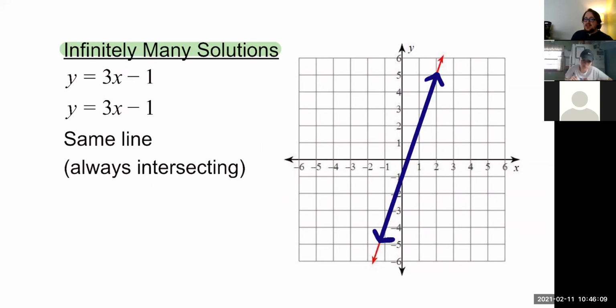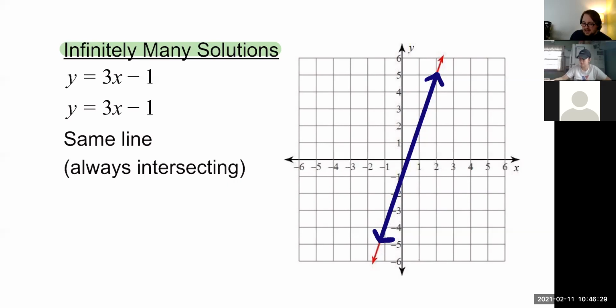So how many times are they intersecting? Infinitely many, because there's infinitely many points on any one line. And if these two lines are going through all the same points, there are infinitely many points that would be considered the solution. So we can't even list them because the list would go on forever.